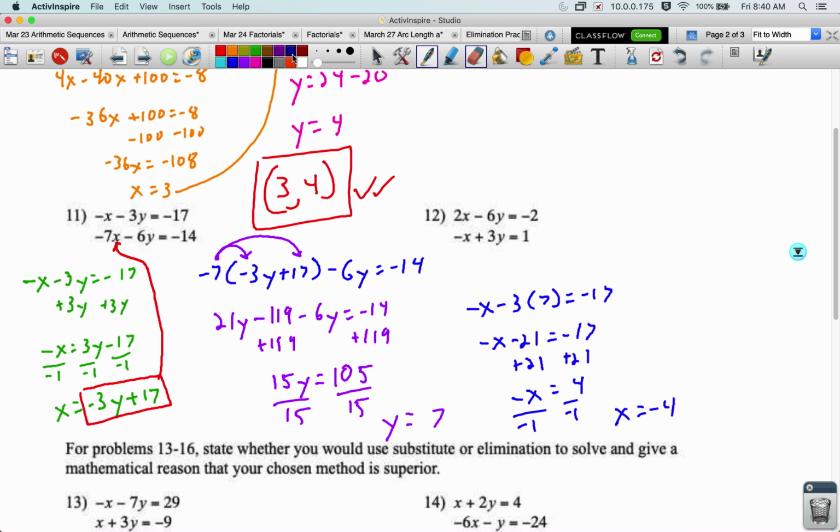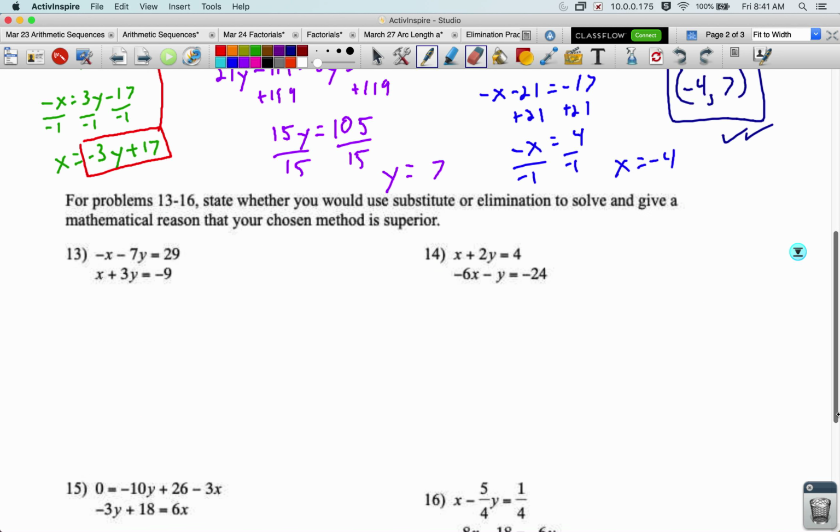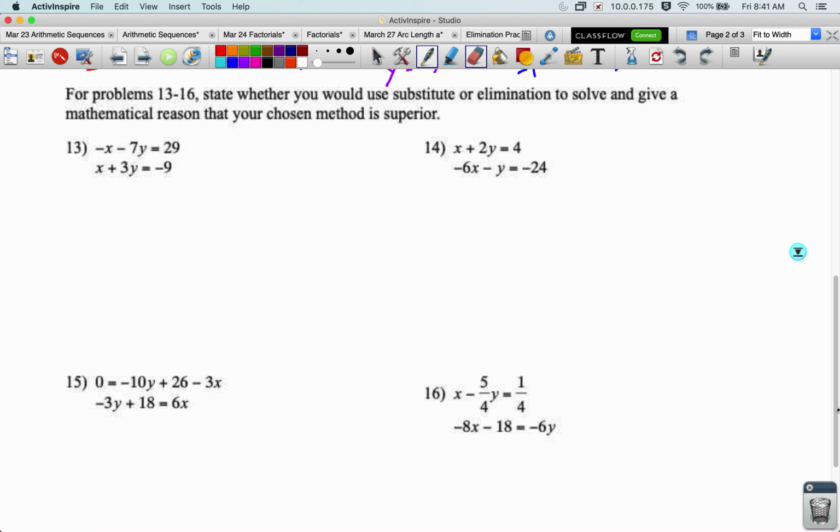Write it as an ordered pair: negative 4, 7. Let's see if that works with the bottom equation. That'd be 28 minus 42 equals negative 14. Checks out.